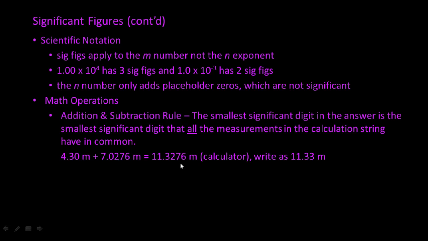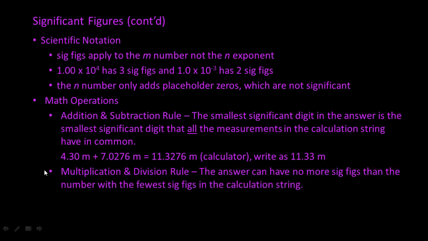But do we really know the answer to that level of certainty? No. Our answer is no more certain than our least certain measurement, the 4.30. So notice that the smallest digit both numbers have in common is the hundredths digit. So we can write our answer to the hundredths digit, 11.33 meters.